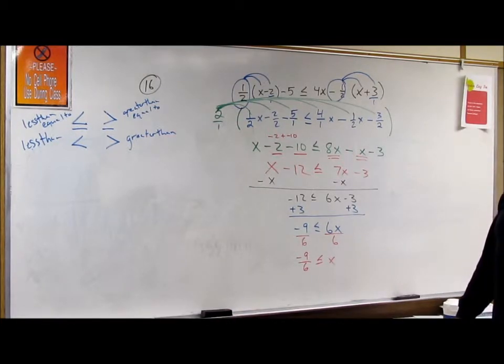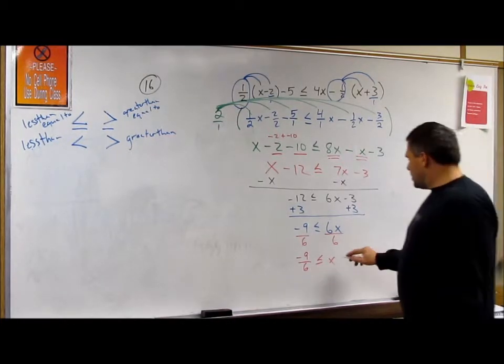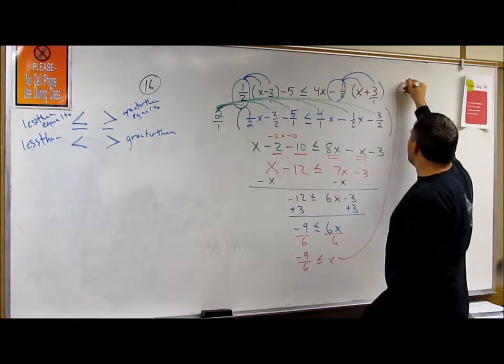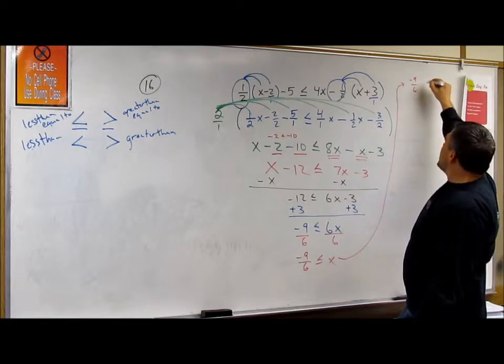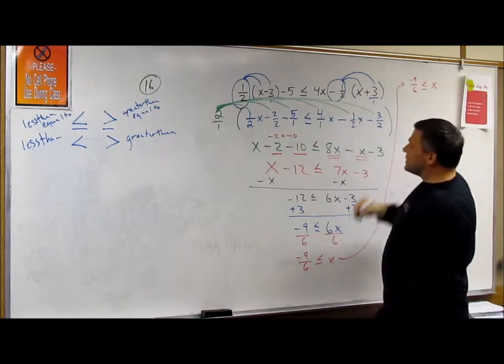Well then, another way to look at this, I'm going to bring it right up here. Negative 9 over 6 is less than or equal to x.